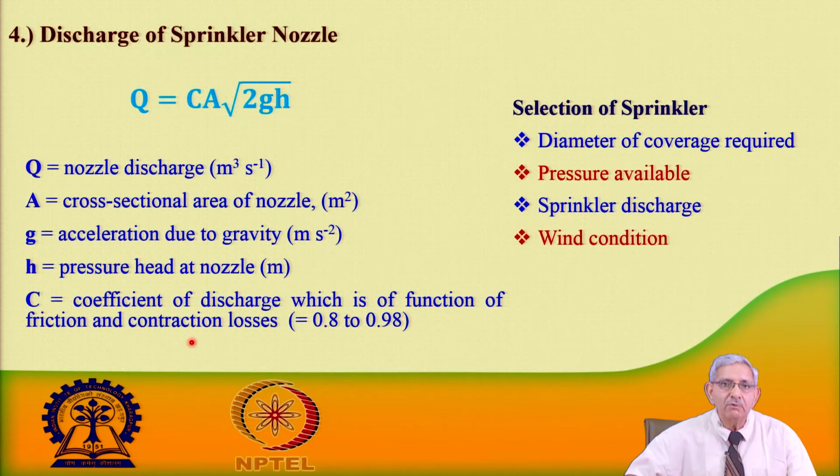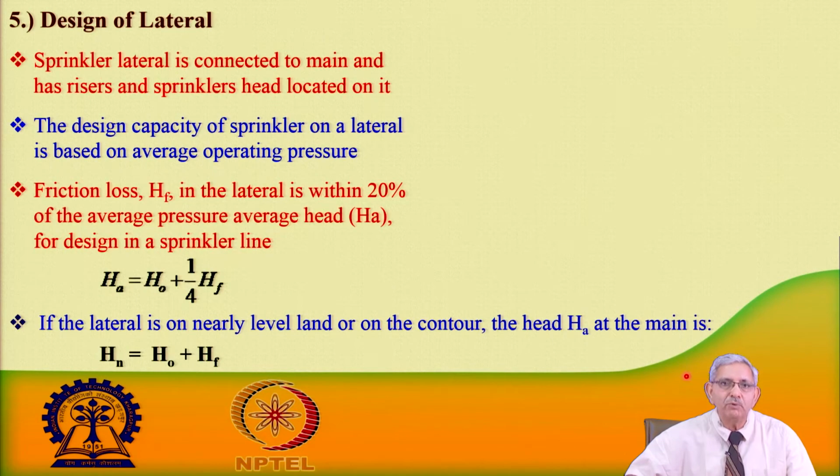So, one has to use these units to get the discharge, and the selection is made by considering these points. Now, when we come to the design of laterals, lateral receives water from the main pipeline and also from the sub main pipeline, and then on the lateral risers, and above the riser sprinkler heads are mounted.